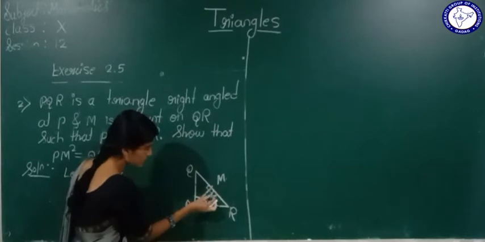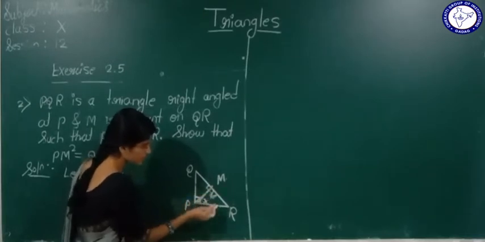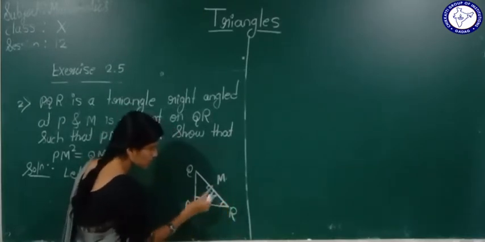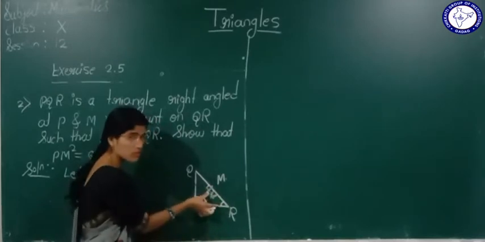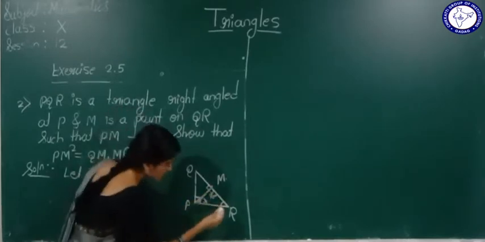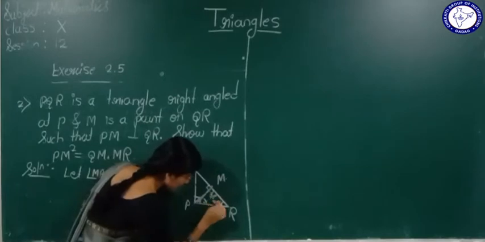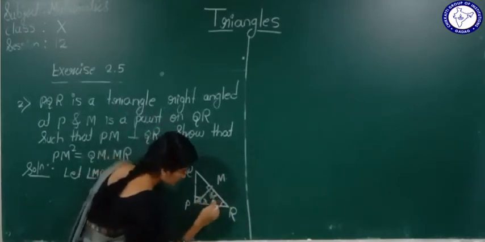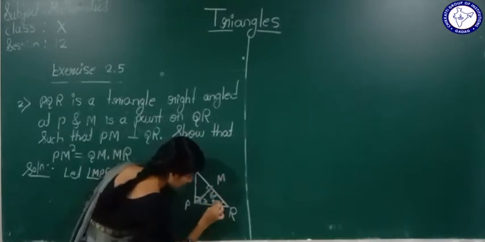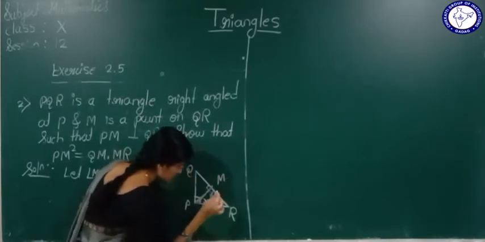If this is 90 degree and this is X, what about this angle? The sum of angles of a triangle is 180 degree, so this will be 90 degree minus X.